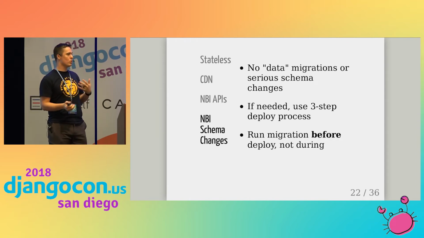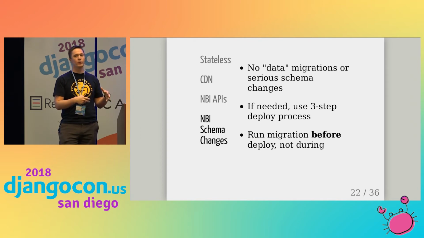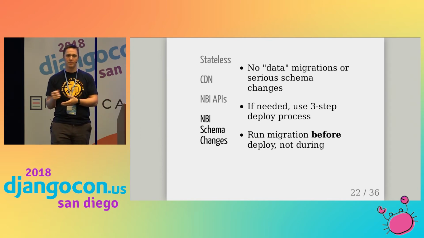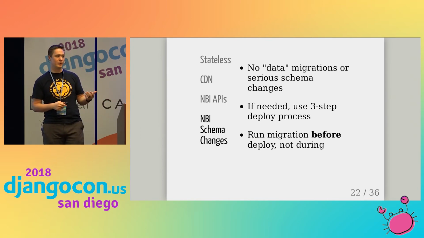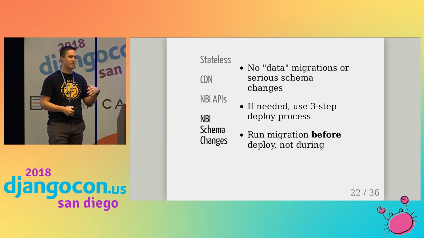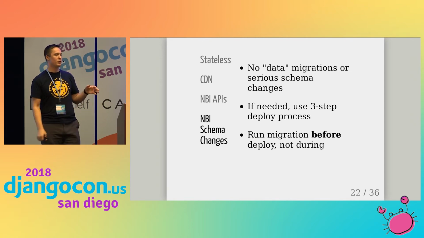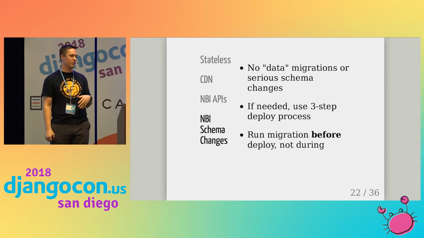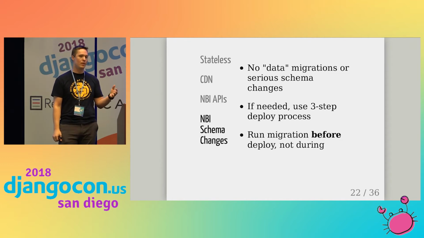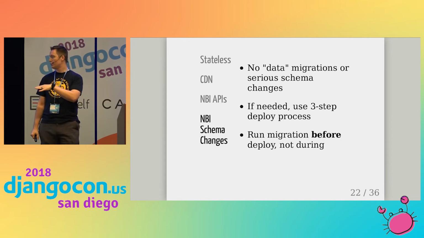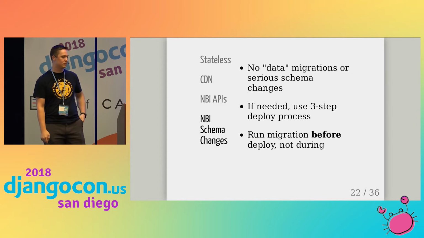But also what's more important is you want to catch migration failures before you even begin to deploy. You don't want your deployment to fail because your migration failed. You want to catch that as a separate step. So you should always run your migration as its own step in your CI before you go to actually deploy.